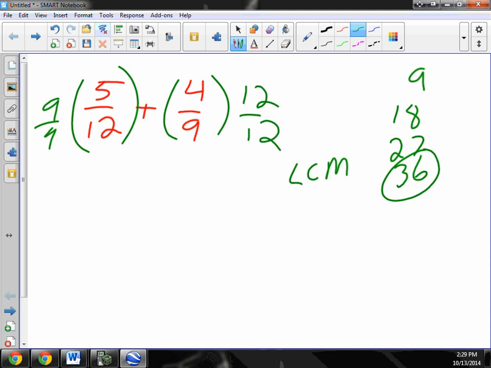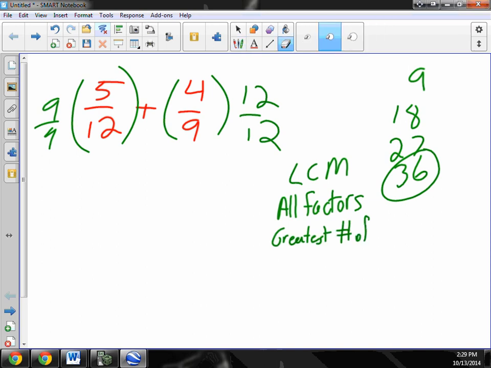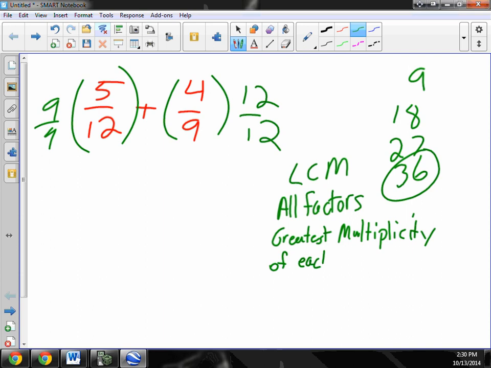Okay, the least common multiple has two attributes. It must have all factors of the two numbers. So it has to have factors that involve all of them, and it must have, how do I want to put this, the greatest multiplicity of each factor.